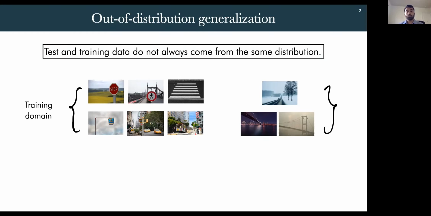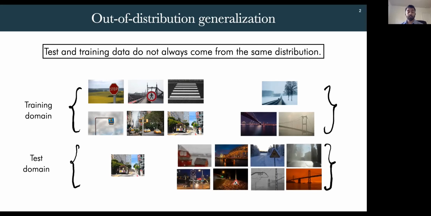At the same time, you would want to deploy these models across the whole globe. And so it's possible that you end up deploying this in a higher latitude city where you don't see as much daylight and you are very often faced with intense weather conditions which blur your vision. So in these situations, you would want your model to still be able to guarantee some good generalization.